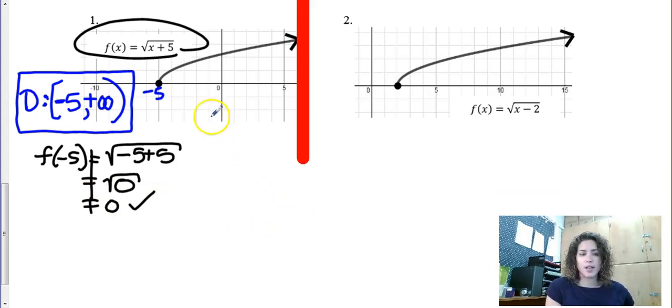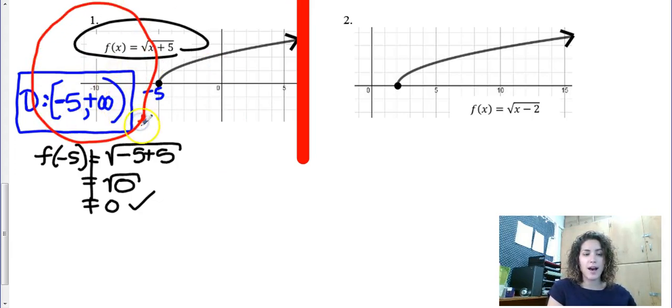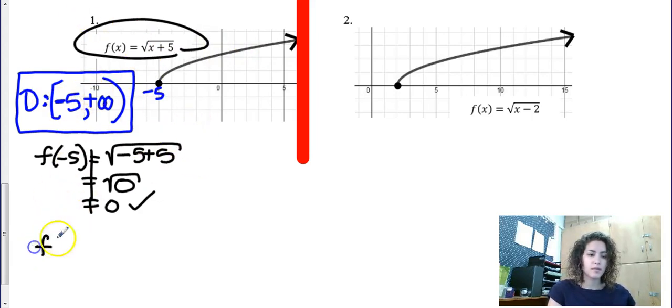What if I try picking something to the left? Remember we said there's literally no x values on this half of the graph that are part of this line. So let's see what happens if we choose one of those. Let's say -10. I would get -10 plus 5 under the radical, which equals the square root of -5.